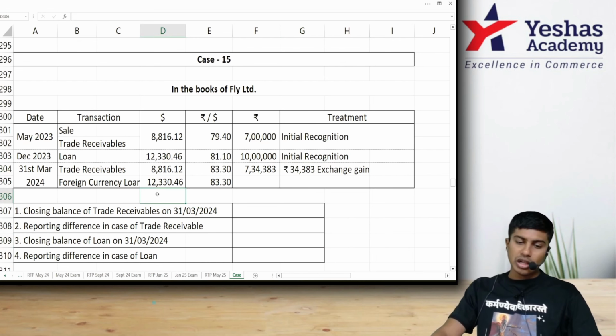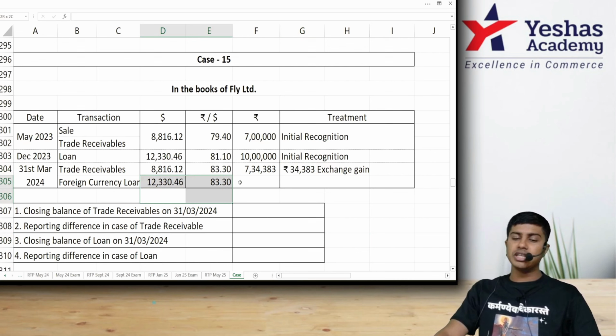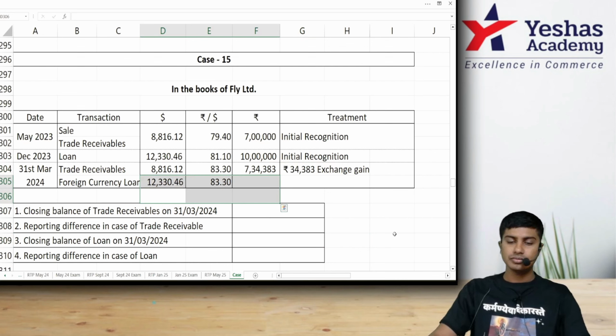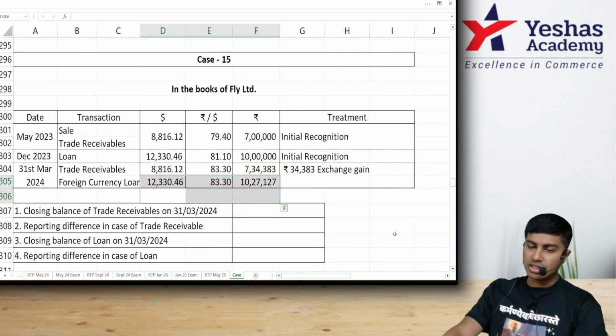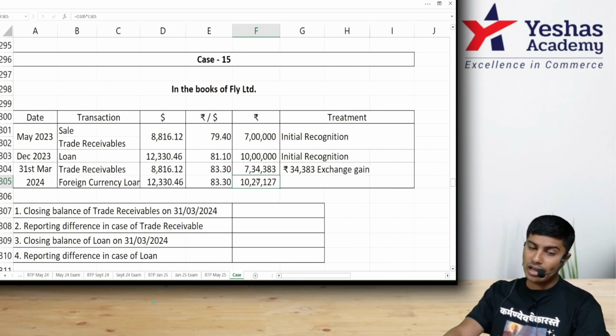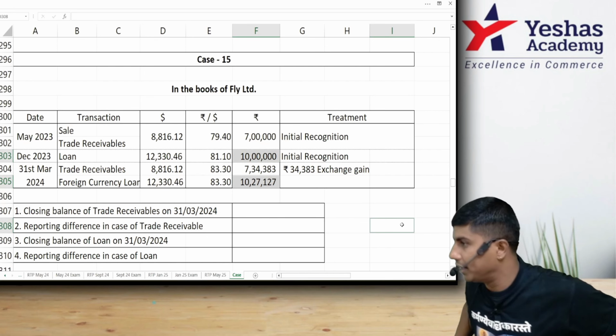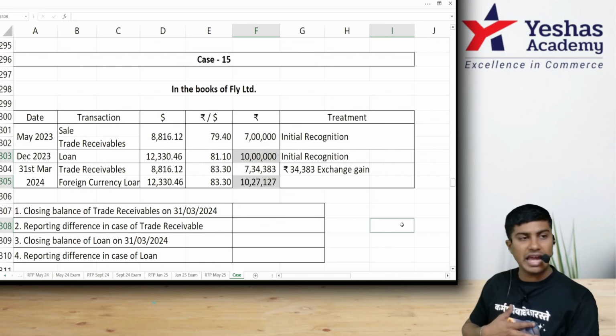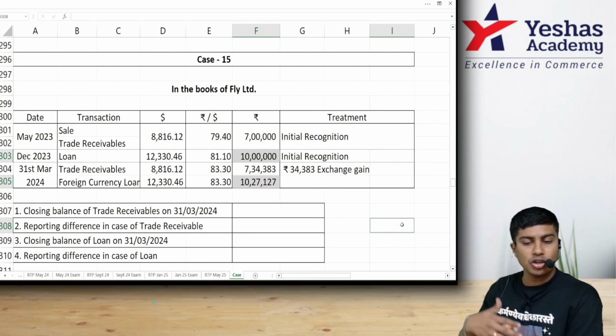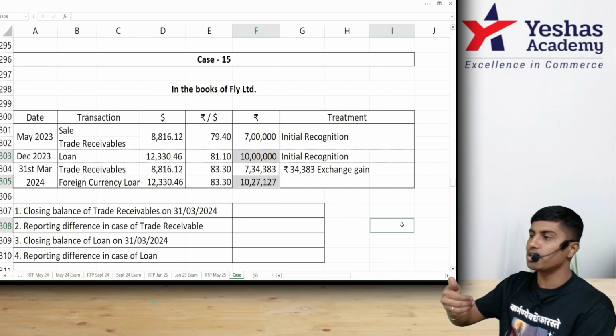Further, do 12,330.46 into 83.3. 10,27,127 is the new value of my foreign currency loan. Initially, this foreign currency loan was recorded at 10 lakh. Foreign currency loan is a liability. I had a liability at 10 lakh. Now I am restating that liability of 10 lakh to 10 lakh 27,127.